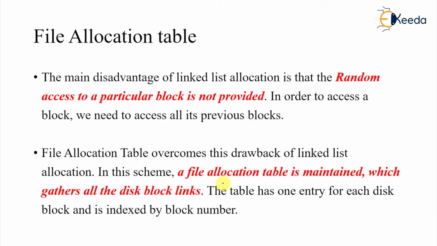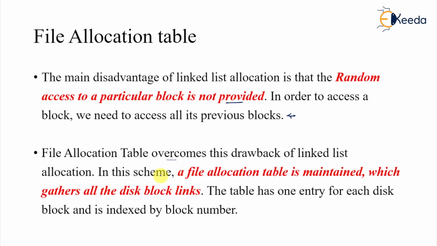The file allocation table comes to the rescue for this. The main disadvantage is that random access of a particular block is not provided. In order to access a block, we need to access all its previous blocks. That is one of the key disadvantages, and the file allocation table overcomes this drawback of linked list allocation.